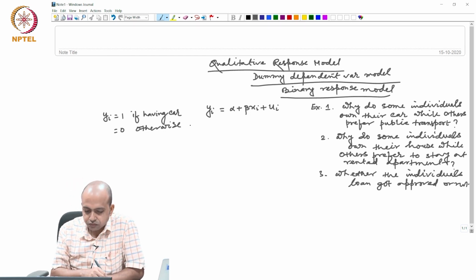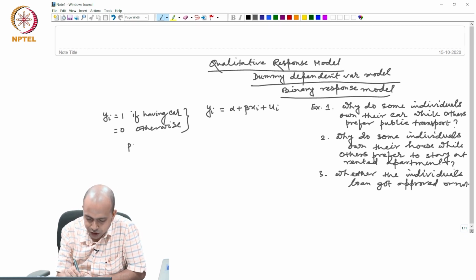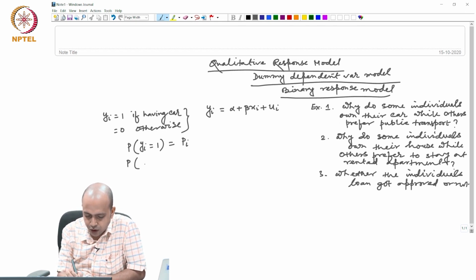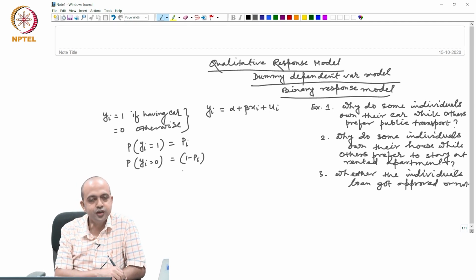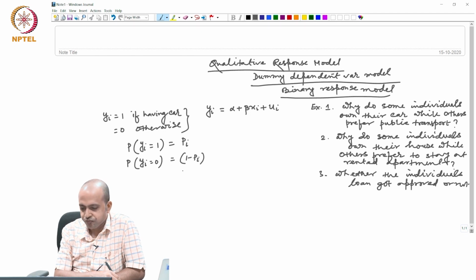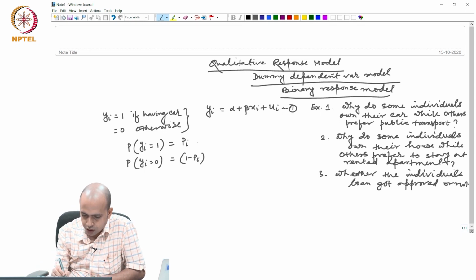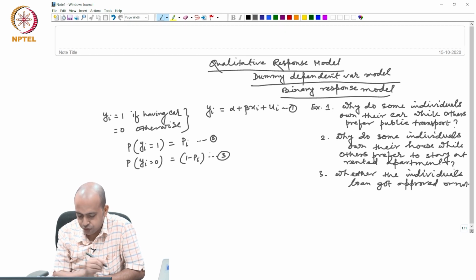Now let us also assume that the probability yi equals 1 is denoted as pi, and the probability yi equals 0 is denoted as 1 minus pi. Let us say this is equation 1, this is 2, this is 3.